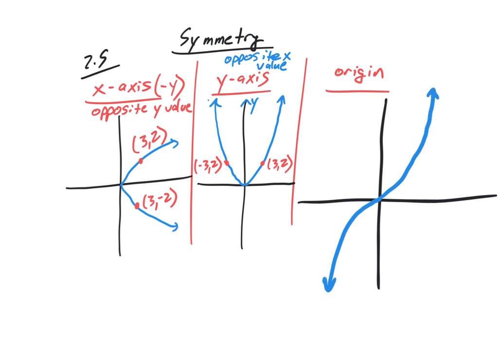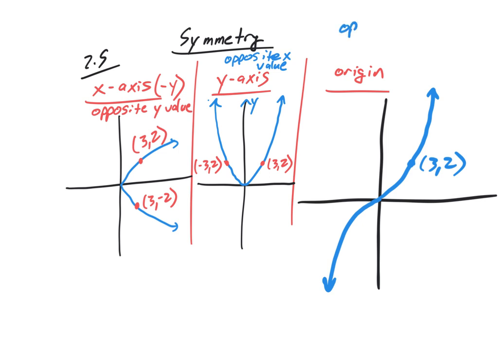is going to look like this. Okay, and I'm going to use the same point once again. I'm going to use the point 3, 2. But this time, we're going to flip it over both axes. So we're going to flip it over the x-axis, and we're going to flip it over the y-axis. And it's going to end up in the opposite corner that we started with.